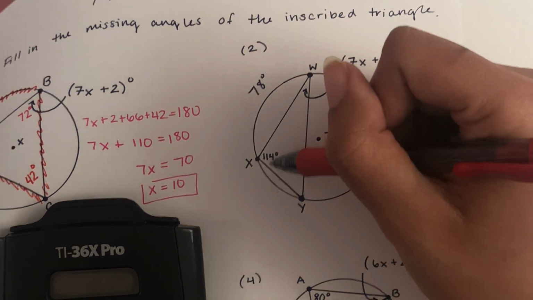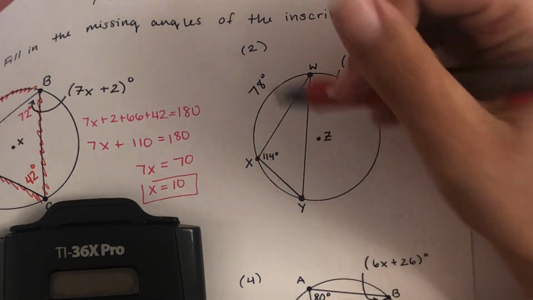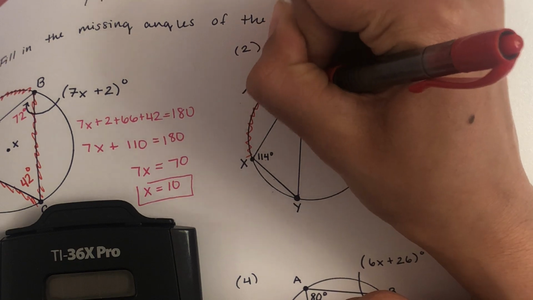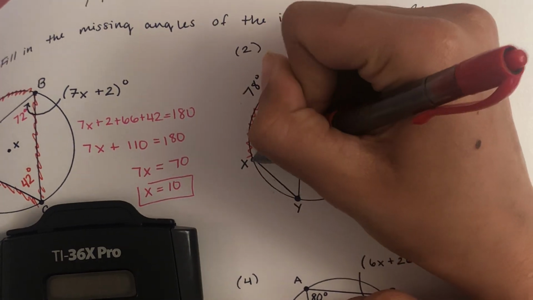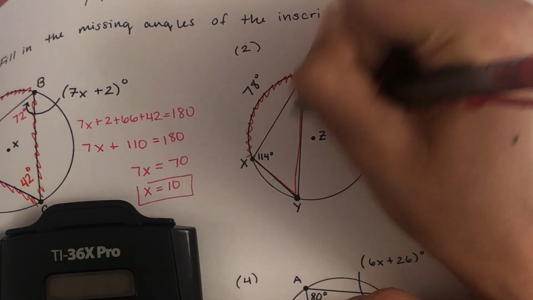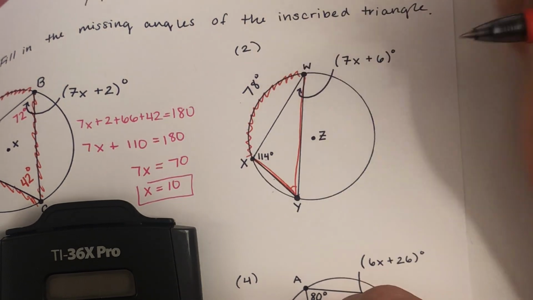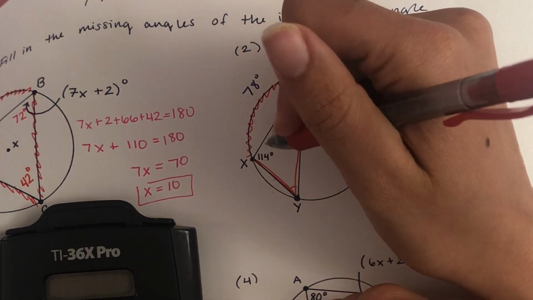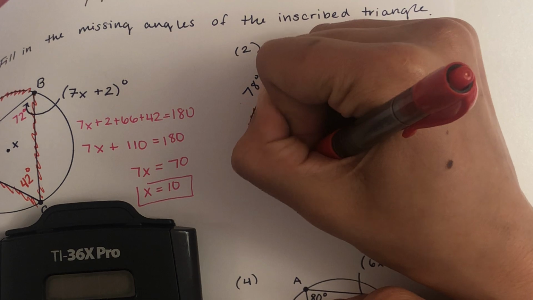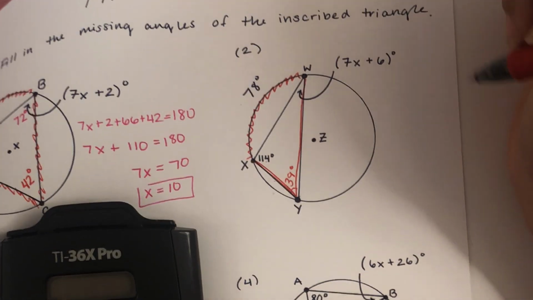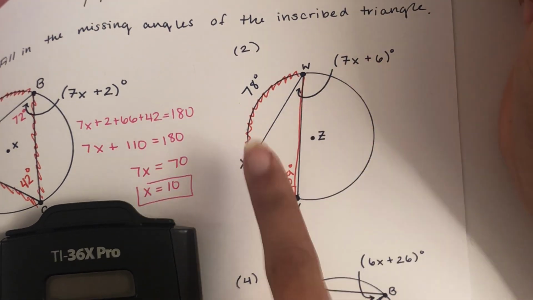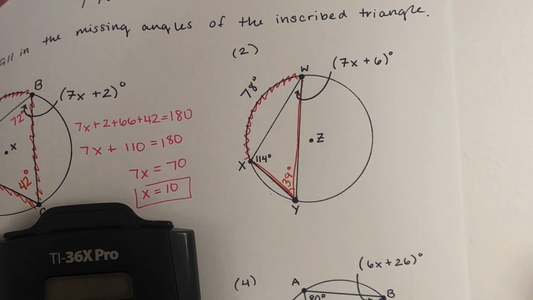So again, we're given an angle, great. I have this arc that's 78, and it belongs to this angle. So what's half of 78? 39 degrees. And then I have 114, I have 39. What can I do with the 3 of these?